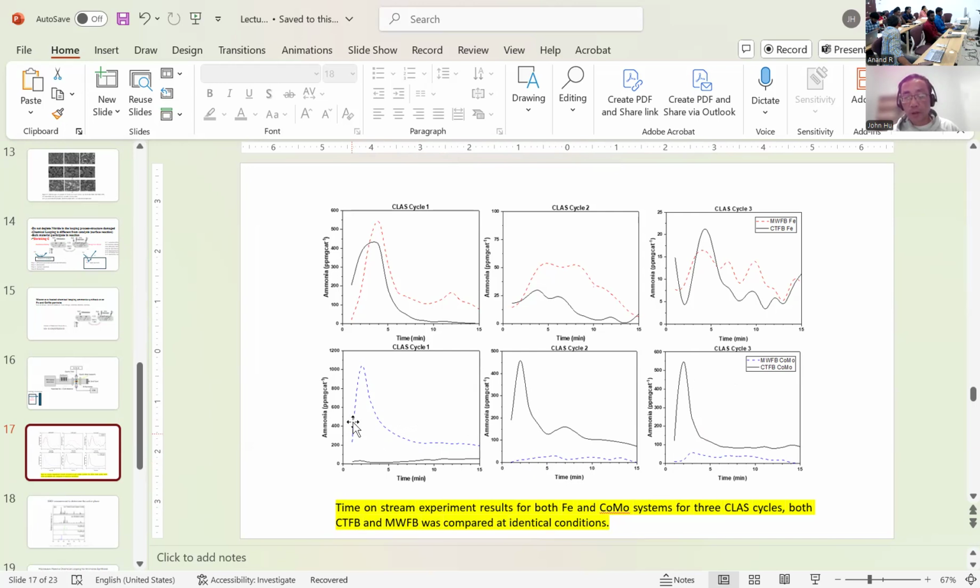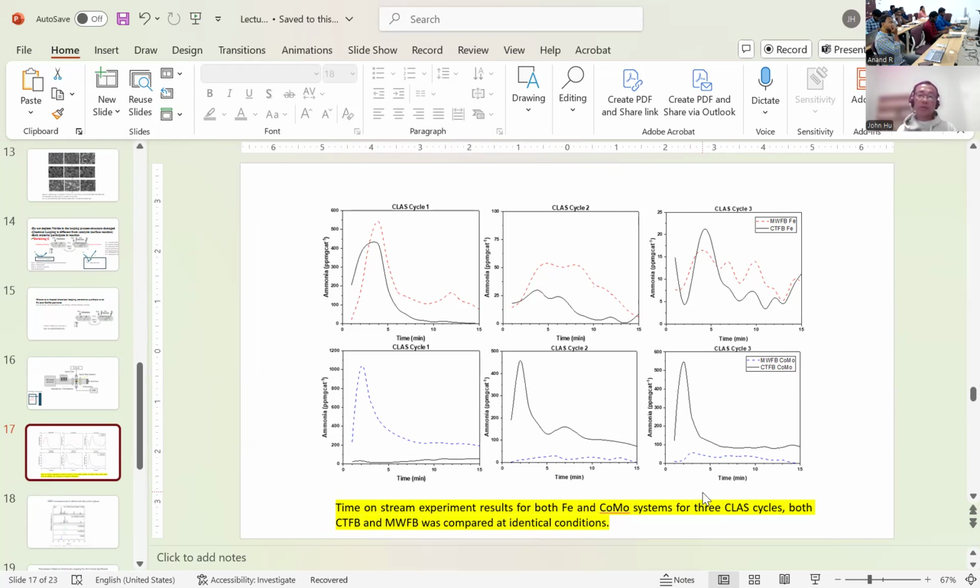So cobalt moly is only active in the first cycle, and later is not active anymore under microwave. But under thermal, it is still active. This means cobalt moly is very difficult to operate under microwave. You only run 1 cycle and it disappears. Whereas under thermal, the first cycle is not that active, but the second cycle is active, and the third cycle is still active.